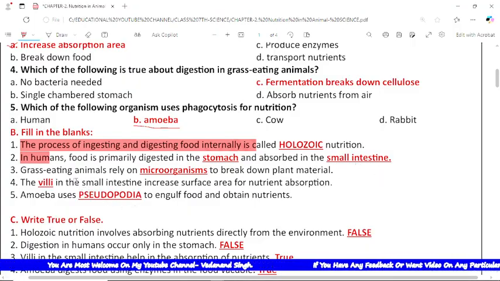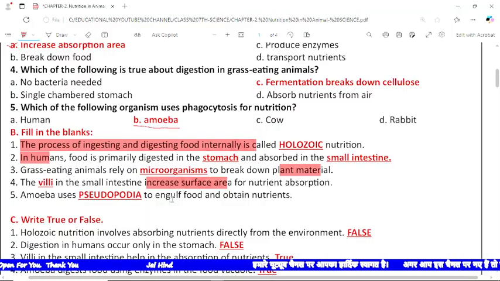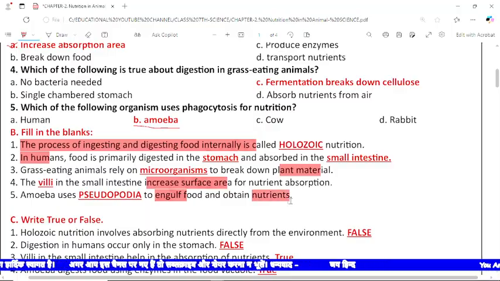The next: grass-eating animals rely on microorganisms to break down plant materials. The next question: the dash villi in the small intestine increase the surface area for nutrient absorption. The next: amoeba uses pseudopodia to engulf food and obtain nutrients.